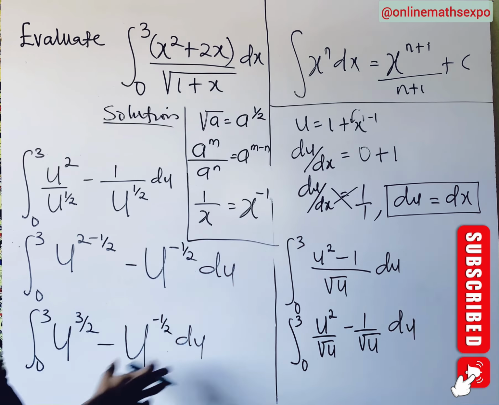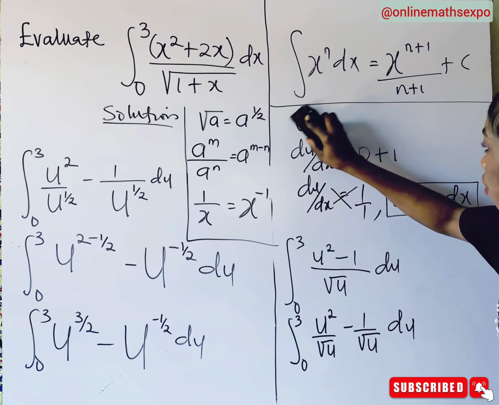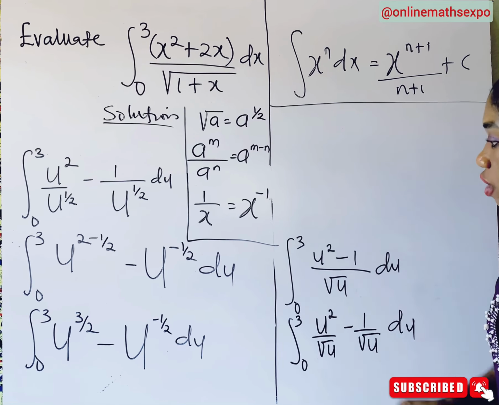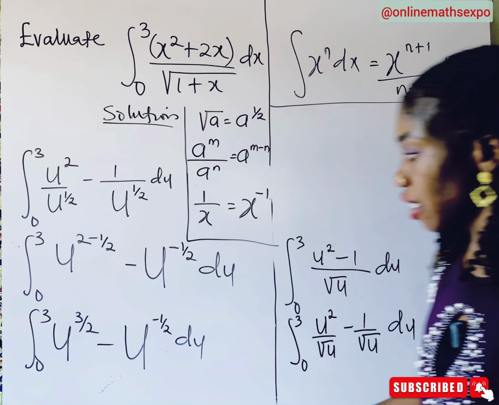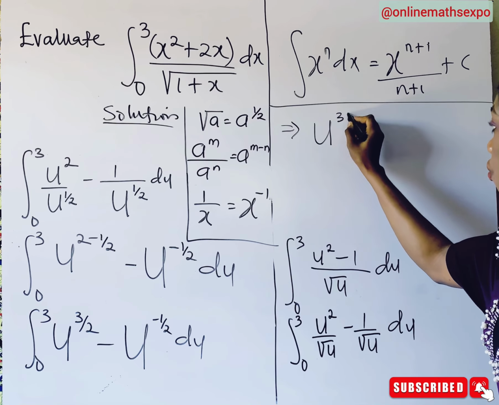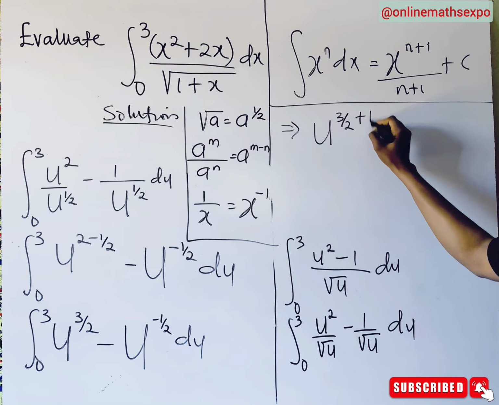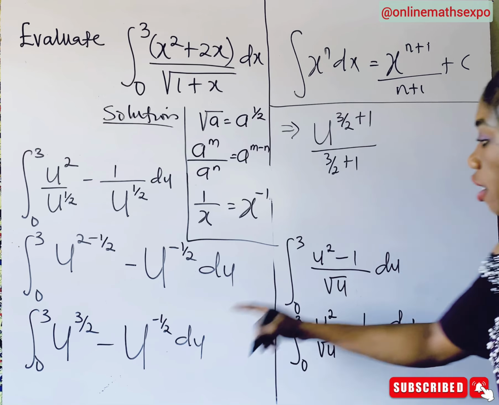So let's now apply this rule we have there. So if you apply it here, when you start integrating, you remove the integral sign. So in that case, we are going to have u raised to power 3 over 2. Remember, you are adding 1 to the power. Then use the power to divide. Okay?